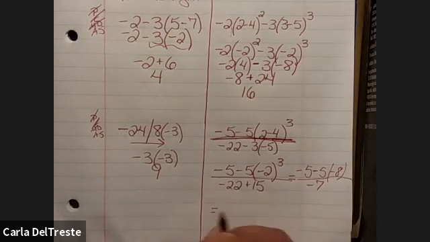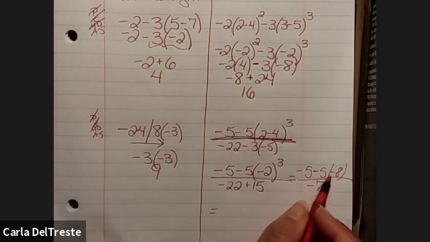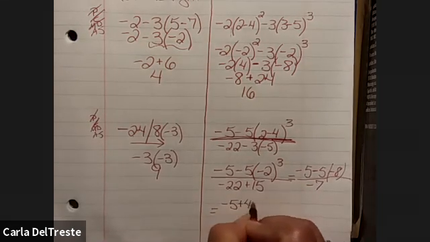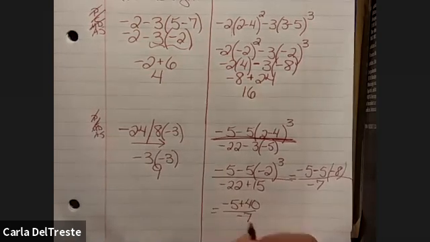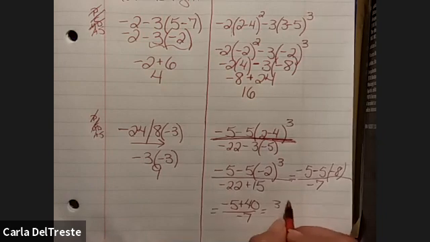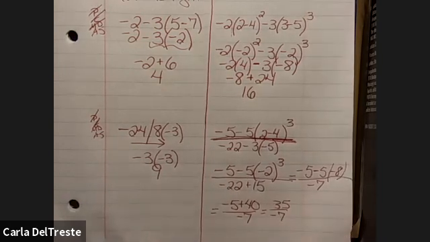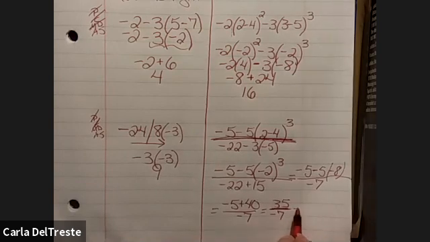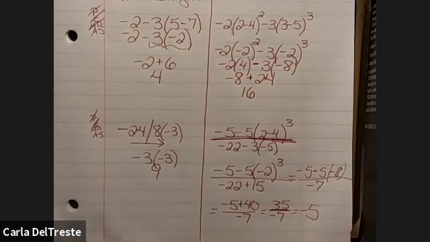Back up in the numerator, multiplication would come next. -5 times -8 is +40. -5 plus 40 now is 35. And now, last but not least, I do the final calculation, which is this division. And 35 divided by -7 is -5.